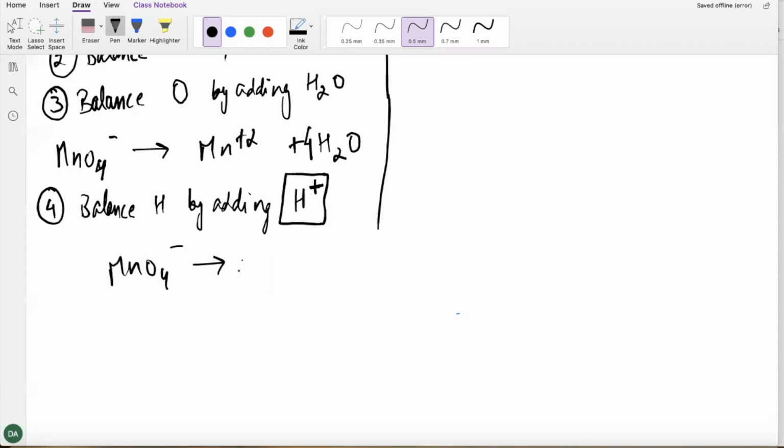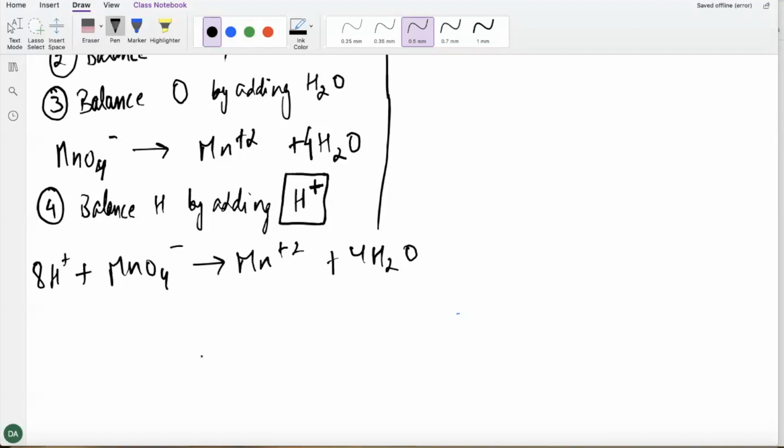MnO4 negative becoming Mn plus 2 plus 4 waters. Now, guys, tell me, which way should I add H plus? On the left-hand side or right-hand side? Left, because right-hand side already has hydrogen. If I'm adding H plus, how many H plus should I add on the left-hand side? 8, because you have 4 times 2, 8 hydrogens here. So you need to add 8 H plus.